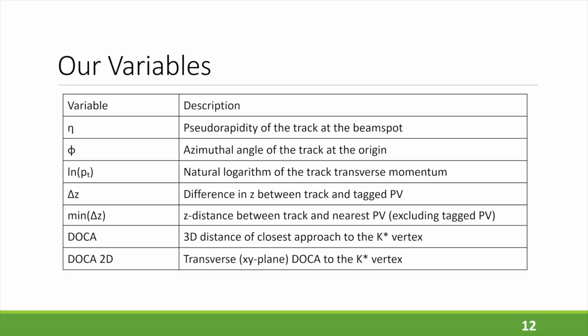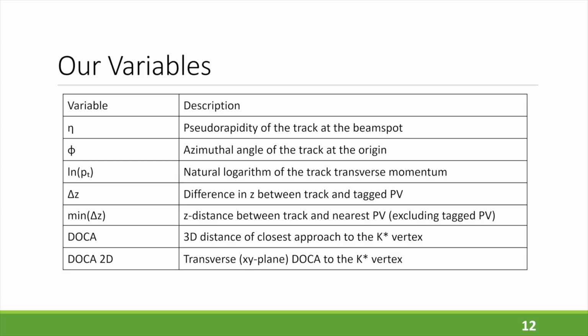Also, there is the difference in z between the track and the tagged primary vertex, the minimum of this variable, and also DCA, the distance of closest approach to the primary vertex, where 2D is the xy plane version of this variable.